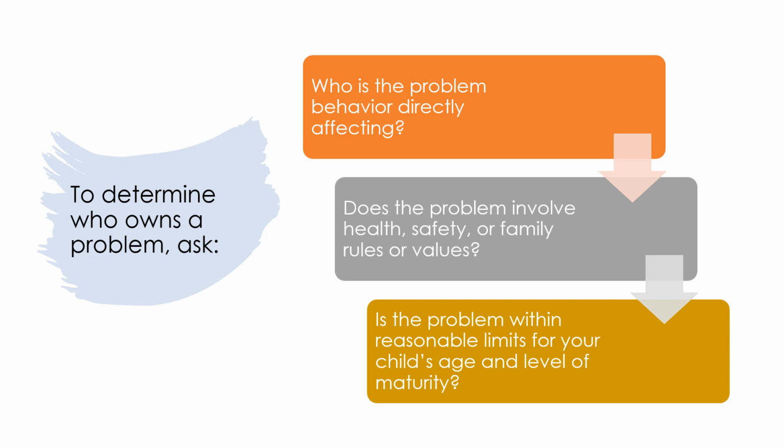If it does, then that problem belongs to the parent. Or is the problem within reasonable limits for your child's age and level of maturity? If it's not, then either the parent owns the problem or it is a shared problem. So we're going to look at this chart for some examples that are going to help you better understand the concept of who actually owns the problem.